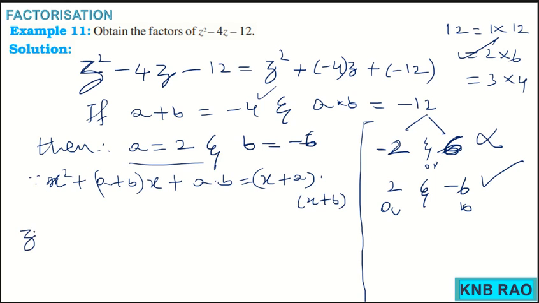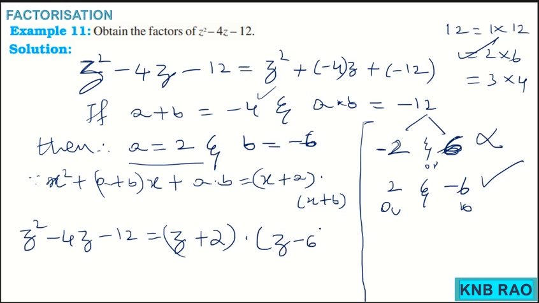here z square minus 4z minus 12 can be written as, where here the variable is x, here the variable is z. So I will write z plus, instead of A I will write 2, into z, instead of B I will write minus 6. So plus of minus 6 becomes minus 6. So I will write minus 6 straight away.